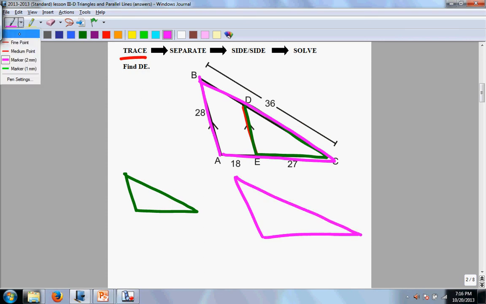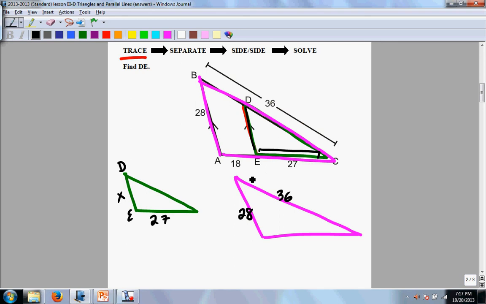Now be very careful when you bring your numbers over here. This is DE, our unknown. That's what we want, we'll just call it X. And then here, the short piece is 27. Here, this is 28.